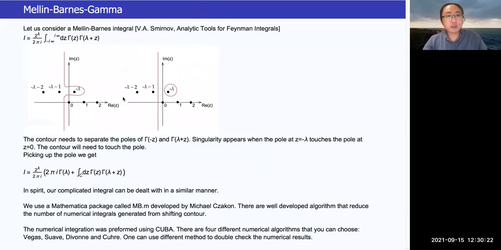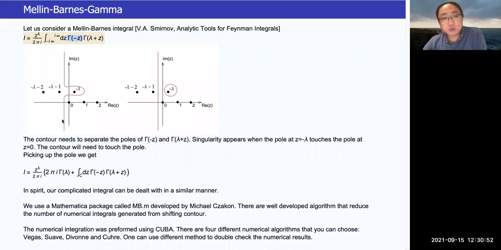Let's look at a very simple example, which is this simple integration with 2 gamma functions, one with Z, one with lambda minus Z. This one has poles along this axis, and this one has poles basically along here.